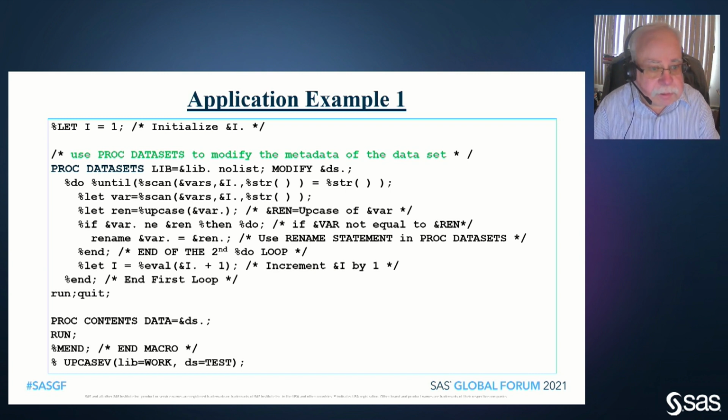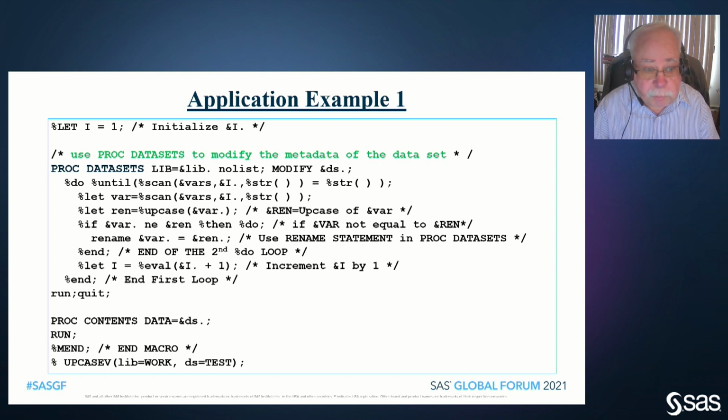So now I'm going to say, let's create a new macro variable called ren, where ren is going to be the uppercase of the &var. So now if the variable &var is not equal to &ren, then we're going to do this with a do loop, which is to rename the var to be ren. And then we end that particular loop.